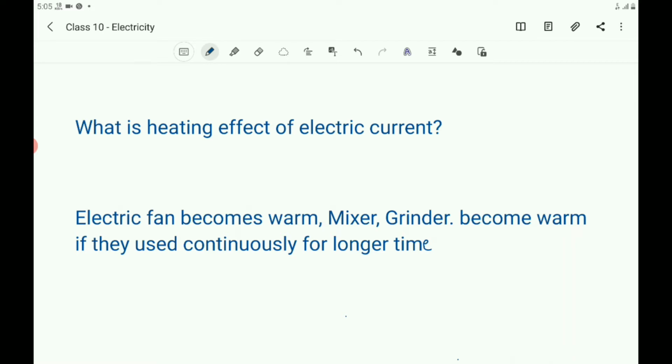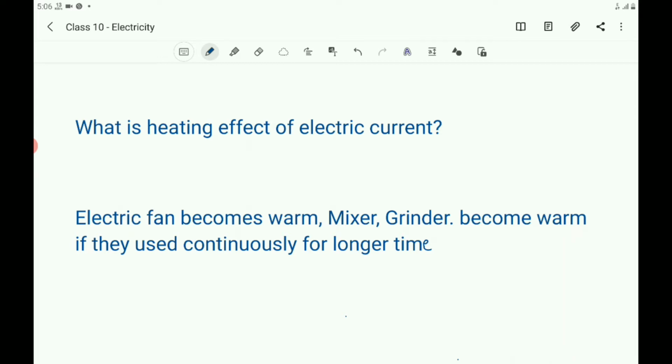To maintain the current, the source has to keep expending its energy. Where does this energy go?